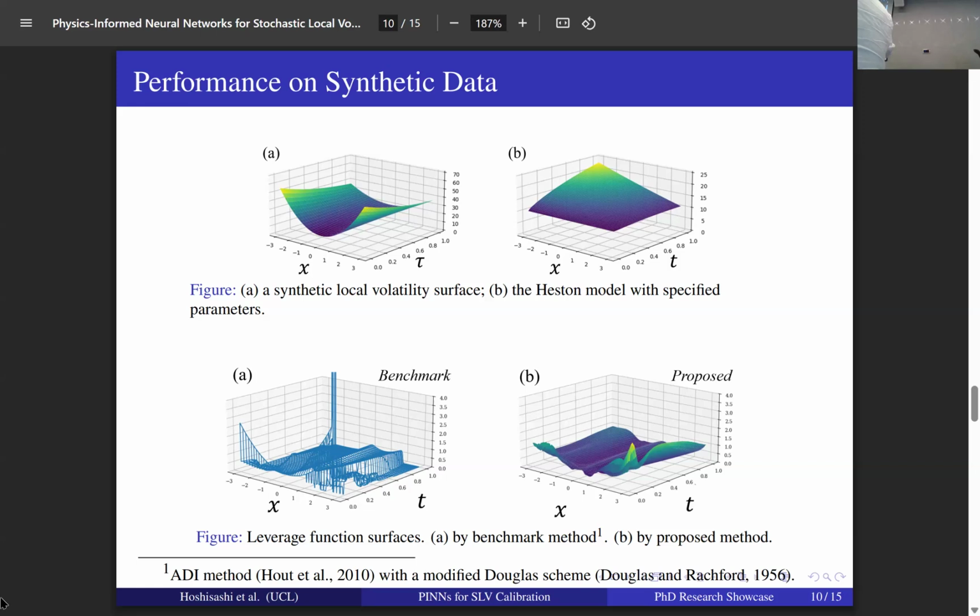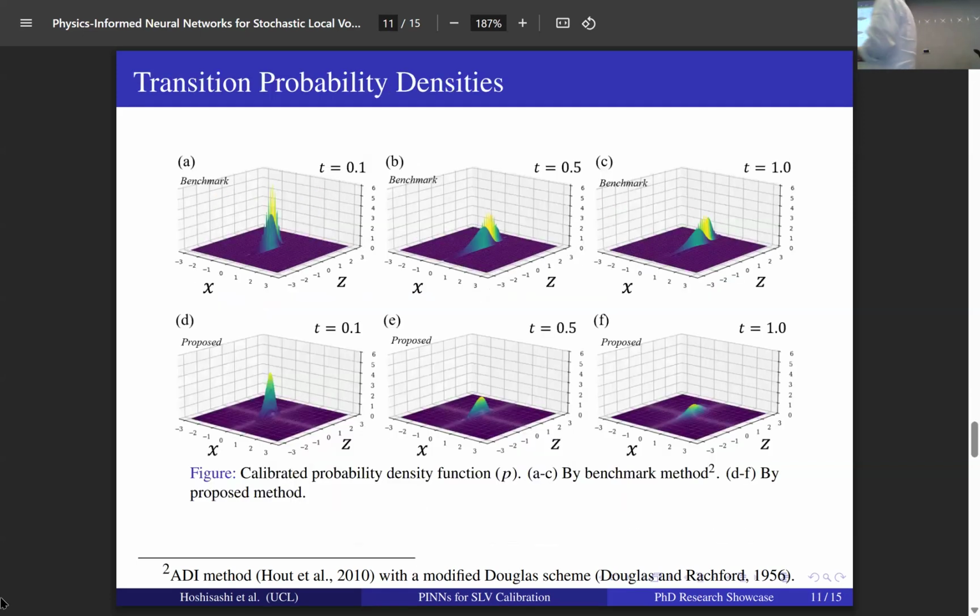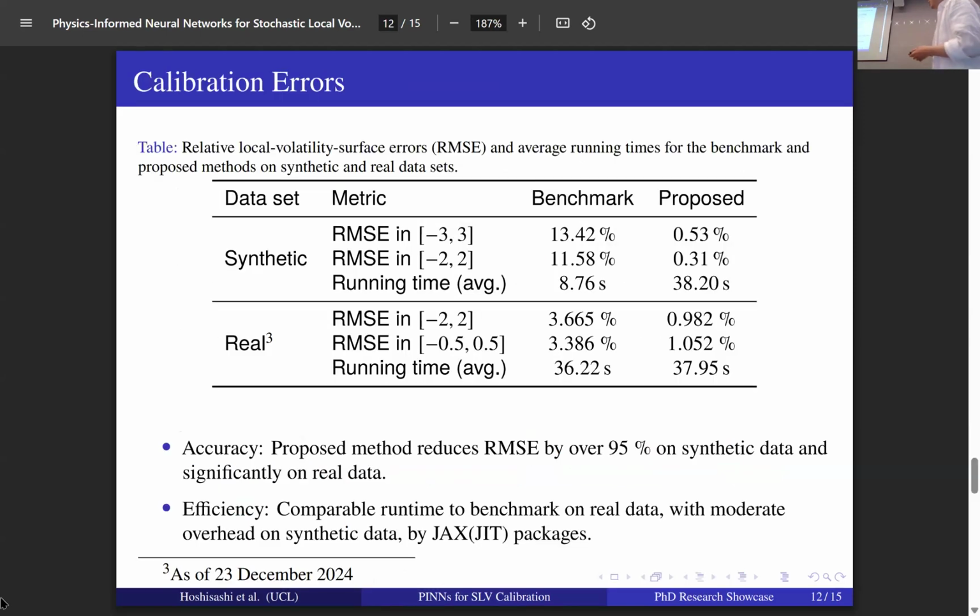Here, our proposed method can make more smooth and reasonable surfaces for the leverage functions. This is the transition probability density function evolution over time. It's similar to the benchmark method, but smoother and spreads out more naturally.